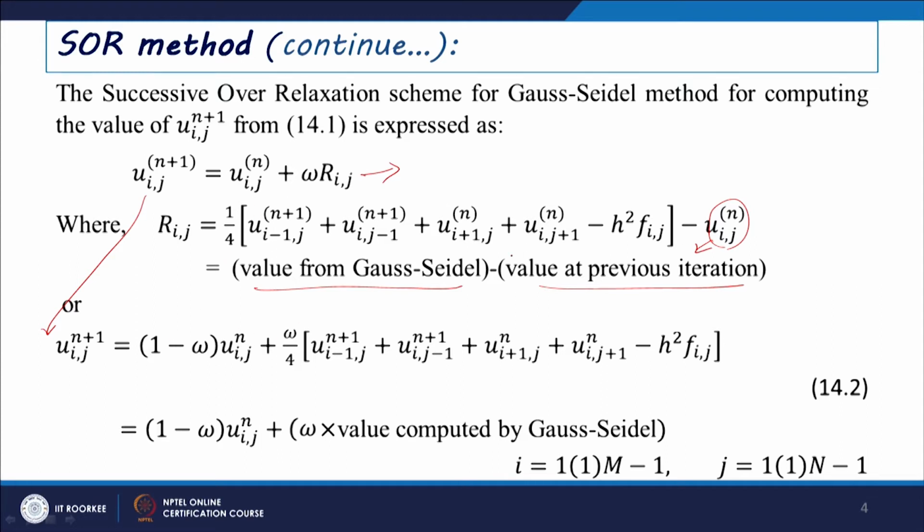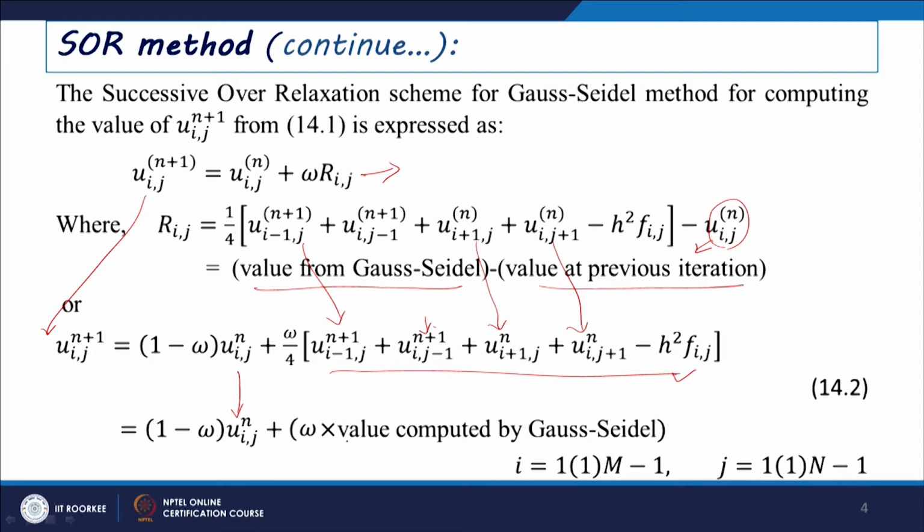So, 1 minus omega into u ij to the power n, plus omega by 4 of u i minus 1 j to the power n plus 1, u i j minus 1 to the power n plus 1, u i plus 1 j to the power n, u i j plus 1 to the power n, minus h square f ij. In combined form, it can be written as 1 minus omega u ij to the power n plus omega into the value computed only by the Gauss-Seidel iteration method.